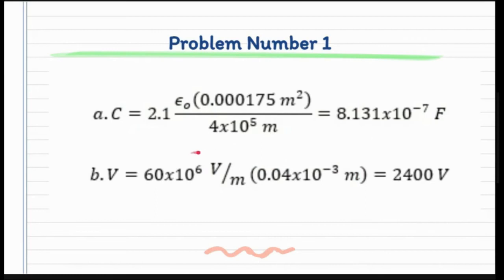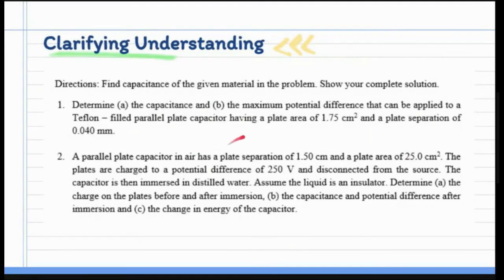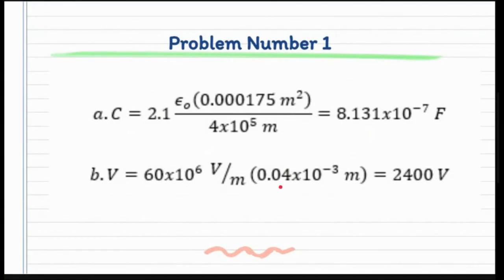Right now, we also need to identify the maximum potential difference that can be applied to our capacitor. Of course, we cannot use the dielectric constant because it is only used for capacitance. If we want to find the allowable potential difference of a material, we can use the dielectric strength, which depends on the material.